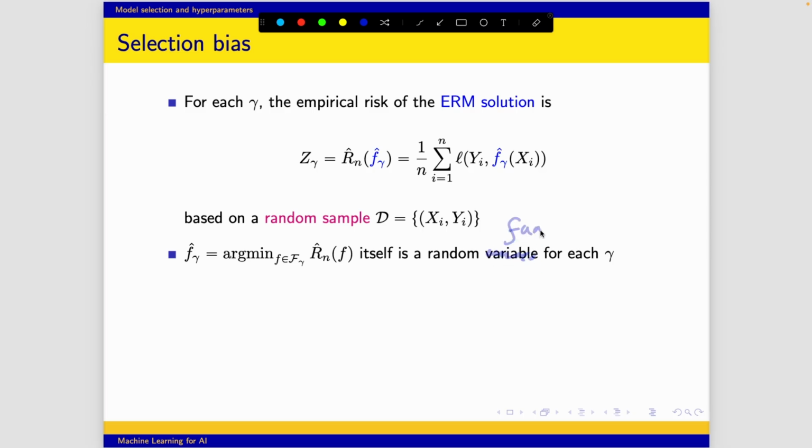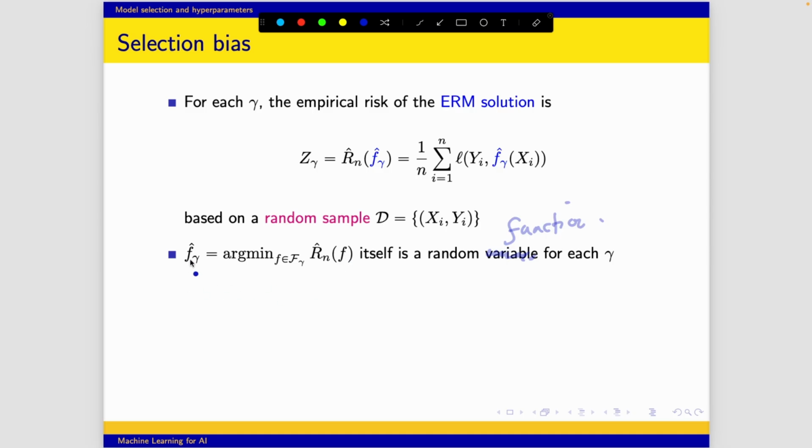It's a random function for each gamma, because we obtain it by solving the empirical risk minimization problem, and this depends on our random sample, right? Because we've got an empirical risk here which depends on the random sample.